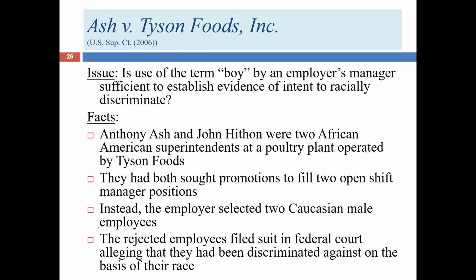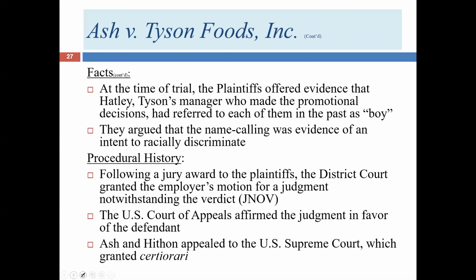In this particular situation, two African-American superintendents, I guess it's probably like a supervisor, apply for promotions. They aren't selected. Two Caucasians are selected instead. They file charges alleging race discrimination, and part of the evidence they present in support of their claims is that the person who made the decision would refer to them, even though they are adult males, as boys.